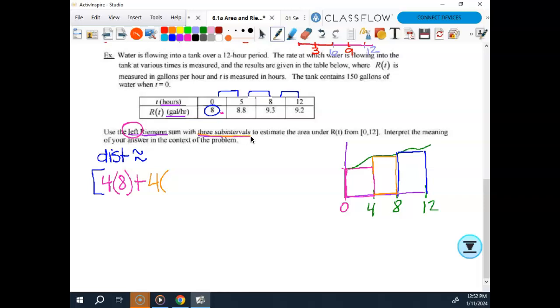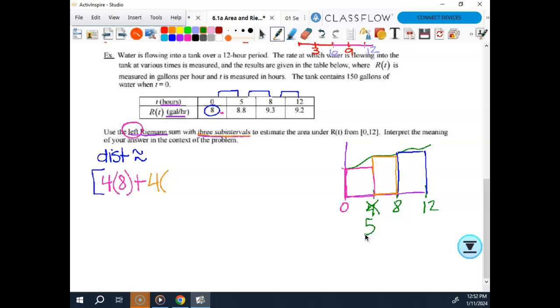Equal. 3 subintervals. I have to use the data they gave me. No wonder y'all weren't saying 4. I'm sorry. This is so embarrassing. Okay. So this should be a 5. That should be a 5.